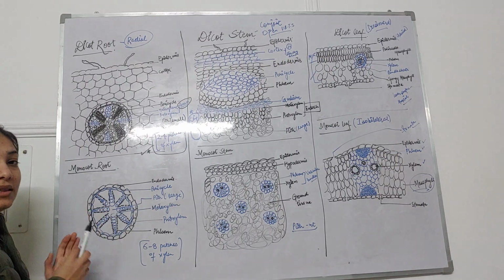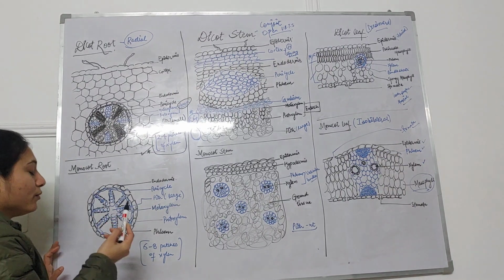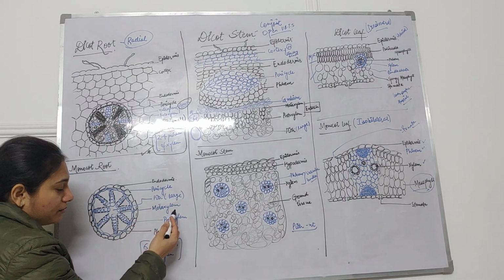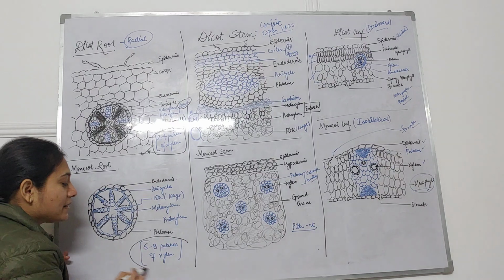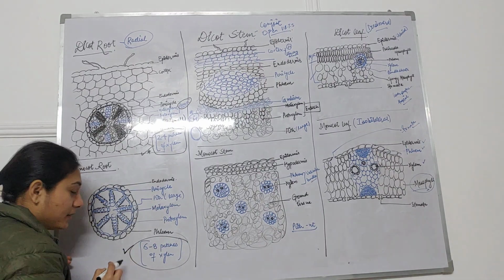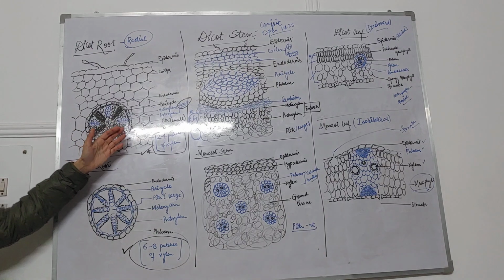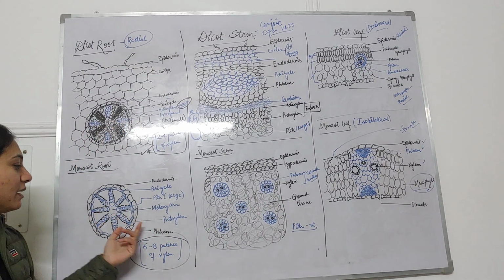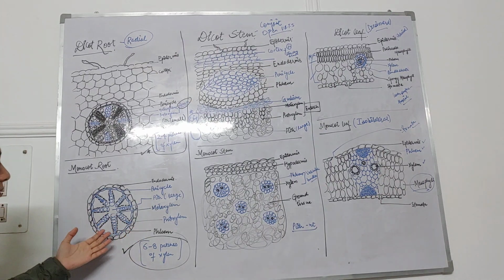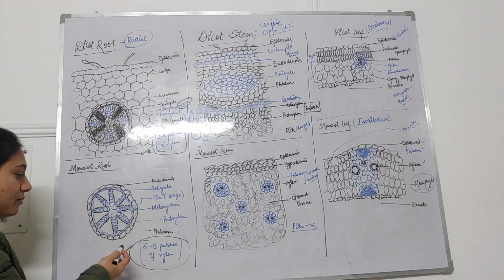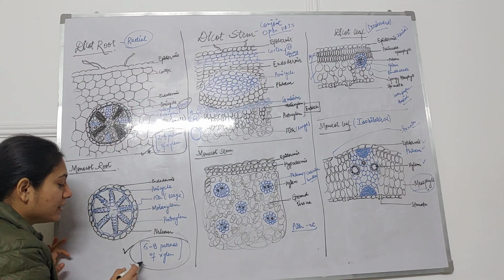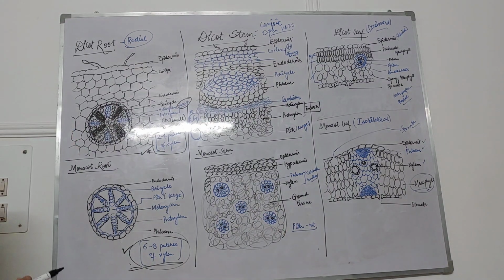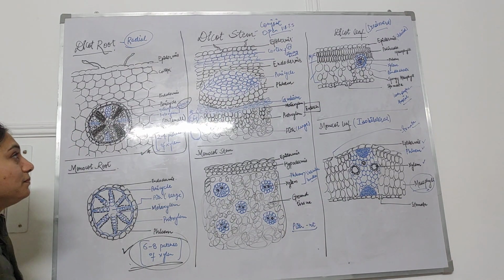But the difference comes here: the pith is larger in size compared to the dicot root, and the xylem patches are present in 6 to 8 in number, whereas metaxylem is towards the center, protoxylem is towards the periphery, and phloem is present near the xylem. But the main difference is that it has 6 to 8 patches of xylem, whereas in the dicot root we have 2 to 4 patches of xylem.